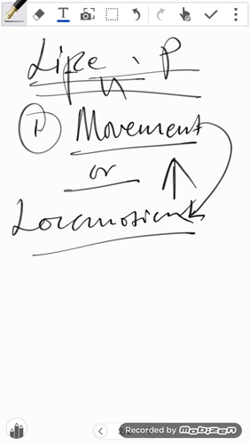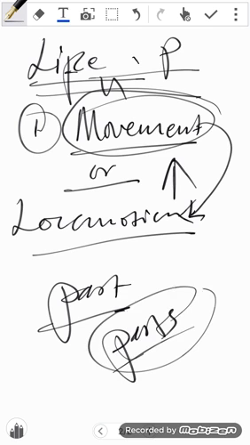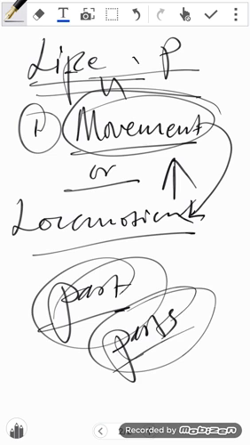In the sense that movement talks about the ability that an organism has to move part or parts of its whole body from one particular position to another.